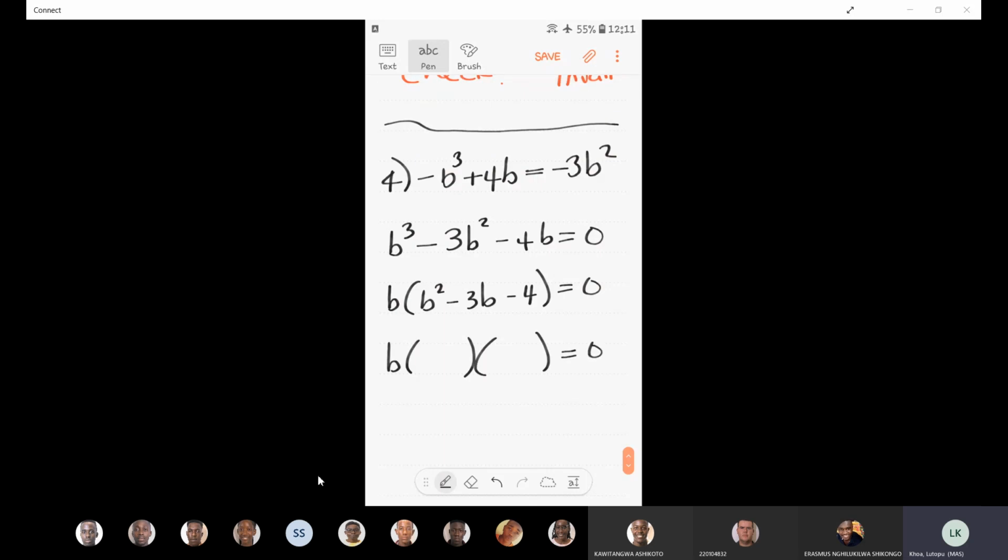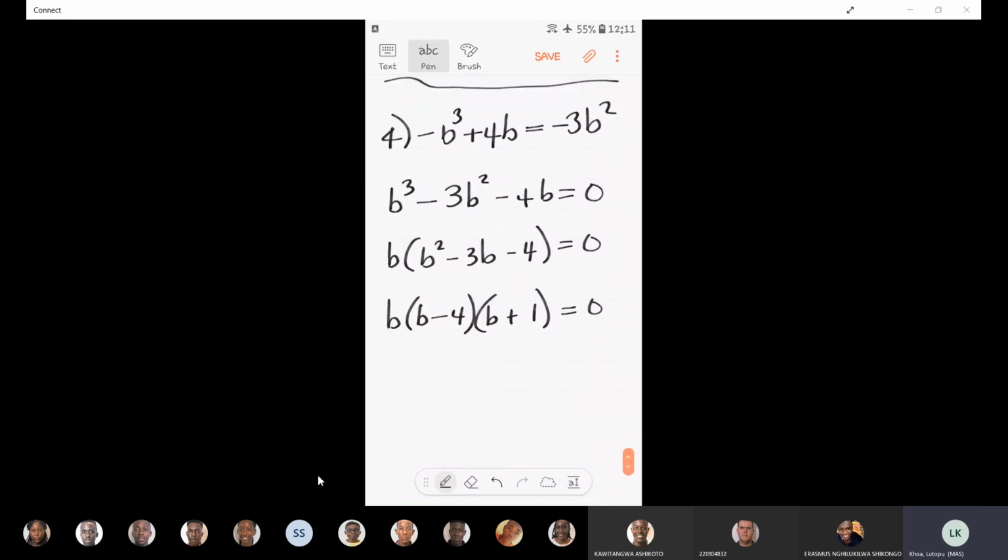I look for two numbers that multiply to give me negative 4 and add up to give me negative 3. That's negative 4 and positive 1. So I put b there. Then I put negative 4 and positive 1. Okay, then my three brackets are multiplying and the answer is 0.